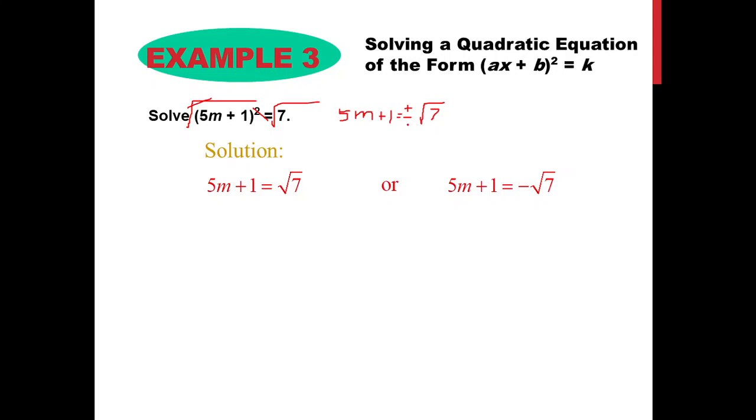Separating the two values of our quadratic equation, so you have 5m plus 1 equals the positive square root of 7, and the other one is 5m plus 1 equals negative square root of 7. Using the additive inverse, you can eliminate the second term by adding the opposite of that one, which is negative 1, and so as on the other side.